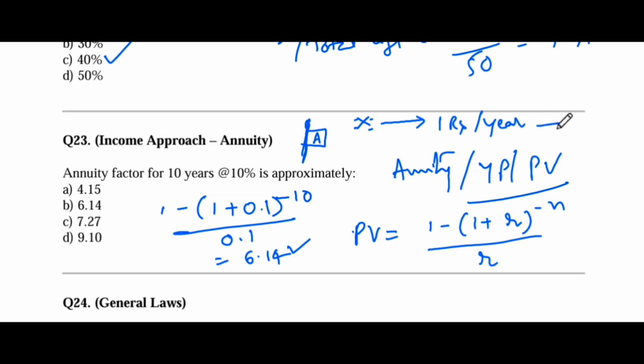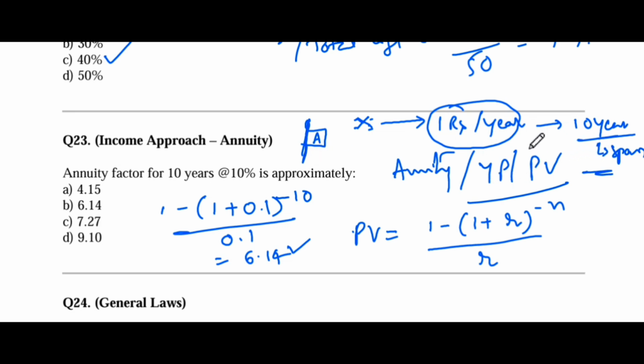So 10 years is the span. So what is the investment he has to put? It is an anticipating view. It is a future upcoming return per year from this property for 10 years.